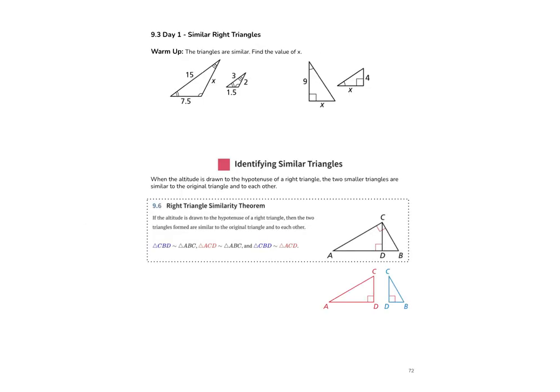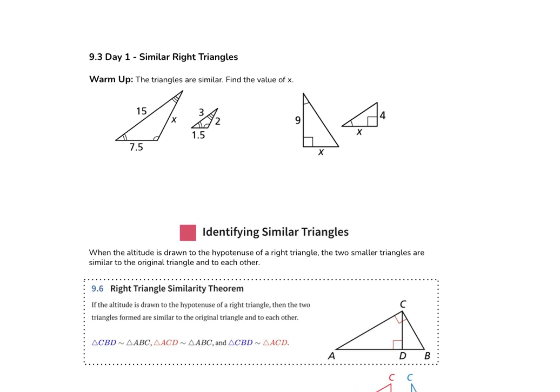All right, we are on 9.3 day 1. Like I told you yesterday, we're moving on to 9.3. So we're done with everything we're going to cover out of chapter 8, but we're adding this on to the end of chapter 8 because it fits in with what we're doing with similar triangles. I think it fits here better than it does with what we're going to cover in chapter 9, okay?